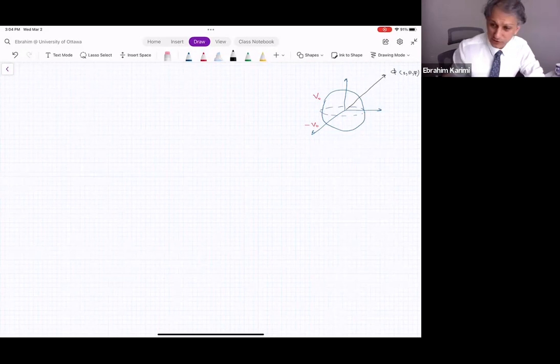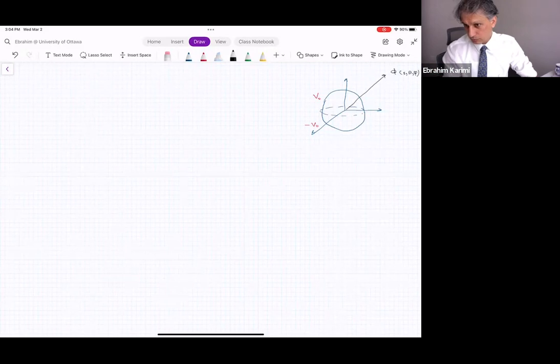First of all, the question is where do you want to find the solution? Outside of the space. We may also look for a solution inside of the sphere. We can go either inside or outside. Let's solve it for outside first.